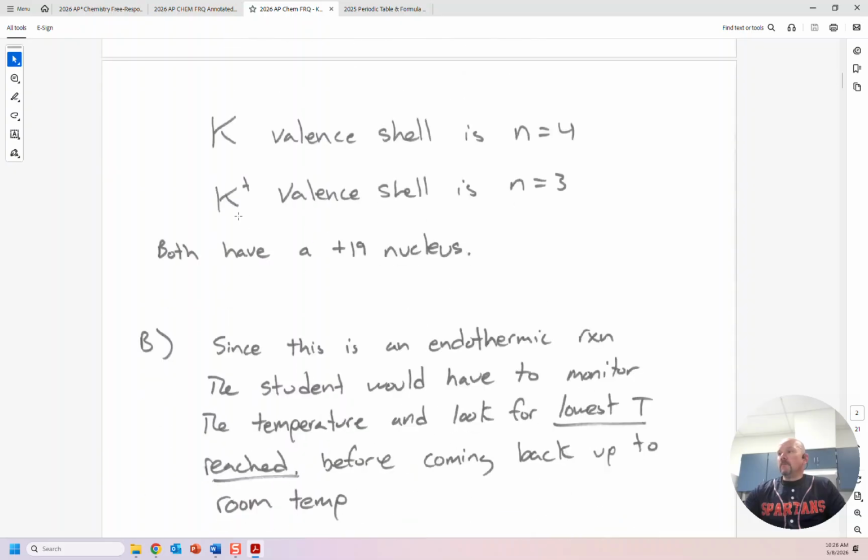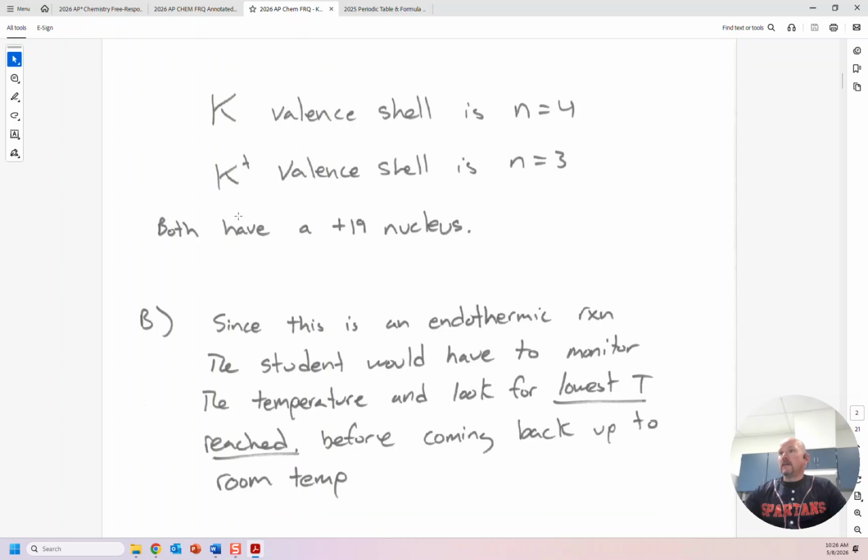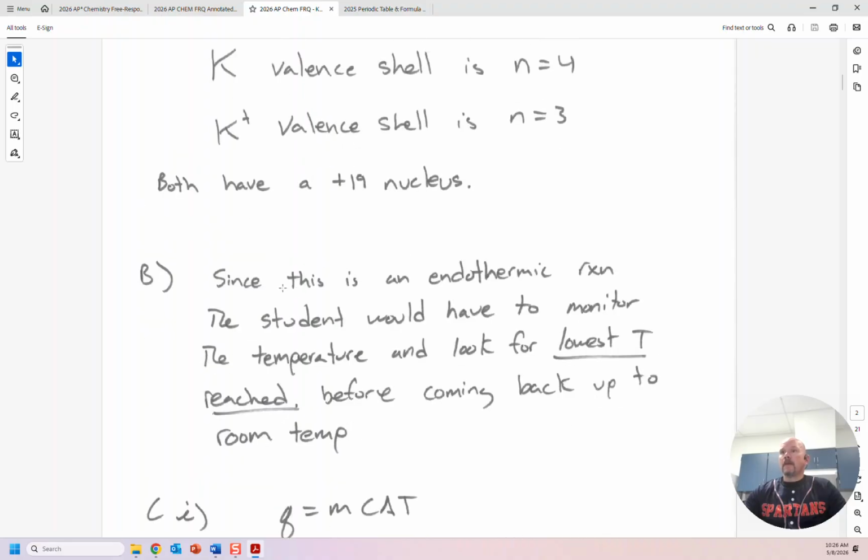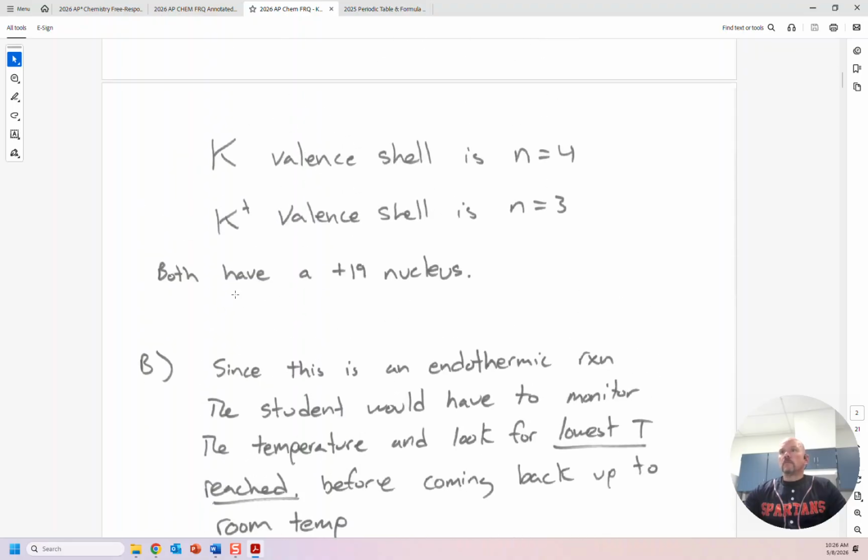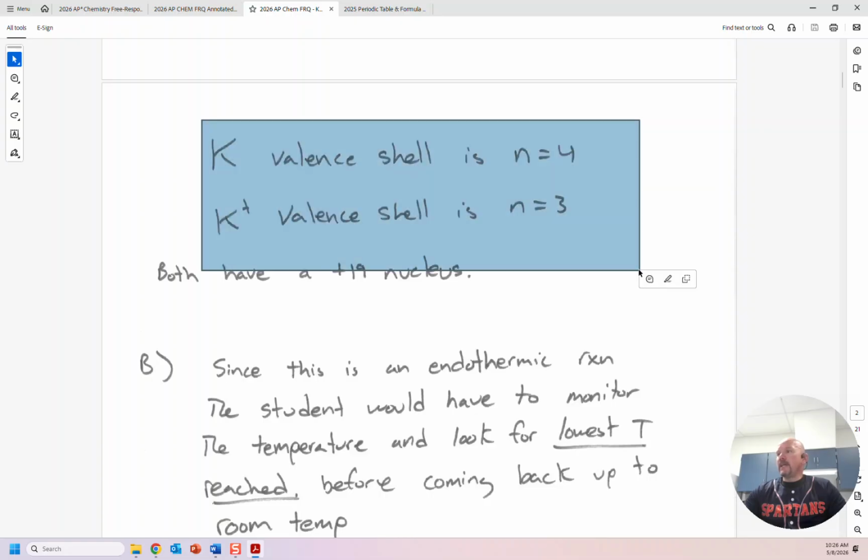So, same number of protons, but fewer electrons is going to be able to pull those electrons closer to it, right? That was my justification. I think that's good enough. You can talk about the proton to electron ratio.